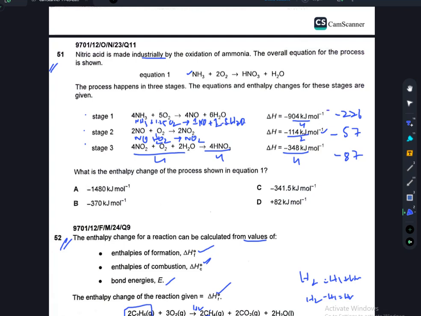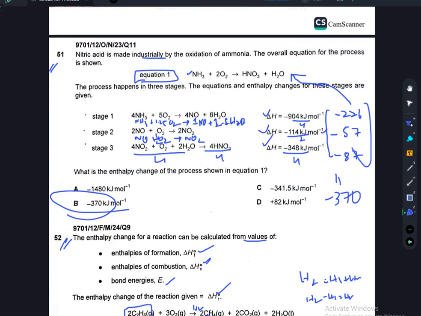So you add these for this one combined equation, because we must be going for the equation 1, which is the balanced one. So this whole is equal to minus 370. B is your right answer. Some of you might be doing like they take the sum of all these and then divide by 4. This would give us C, but the issue here is this means that we are also taking 4HNO3, 4NO, and this whole equation is disrupted.